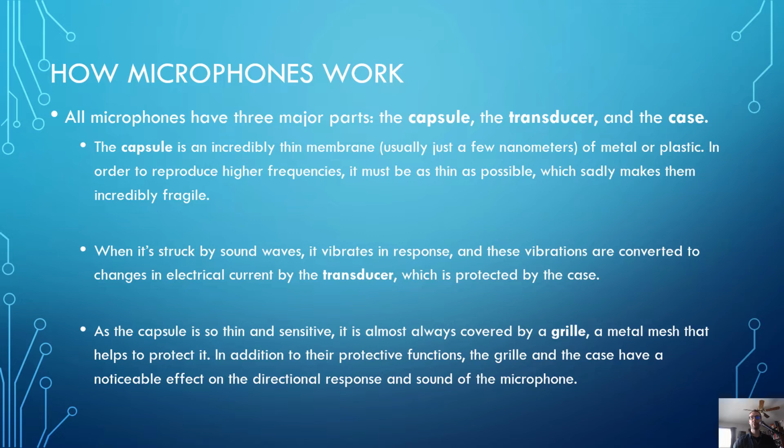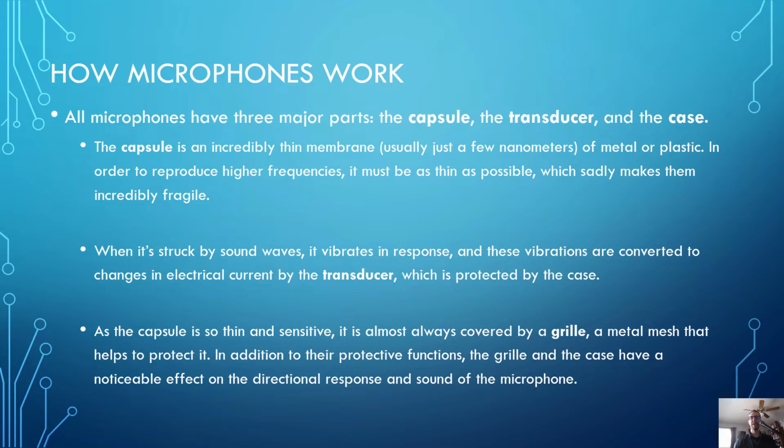All mics have three major parts: the capsule, the transducer, and the case. The capsule is an incredibly thin membrane of metal or plastic. Generally, it's going to be metal. In order to reproduce higher frequencies, it must be as thin as possible, because the thinner the capsule, the more susceptible it is to slighter changes of vibration, and the higher you can record.